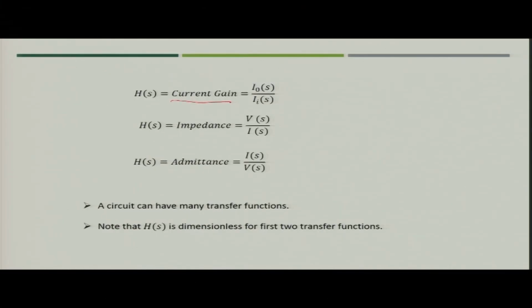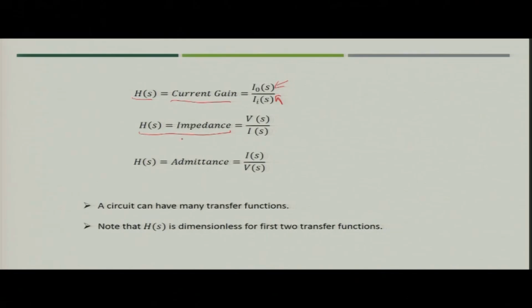Next is current gain, that is again the transfer function which correlates the output current with input current. So, I0(s) is the output current of the circuit divided by Is, that is the input current for the circuit.